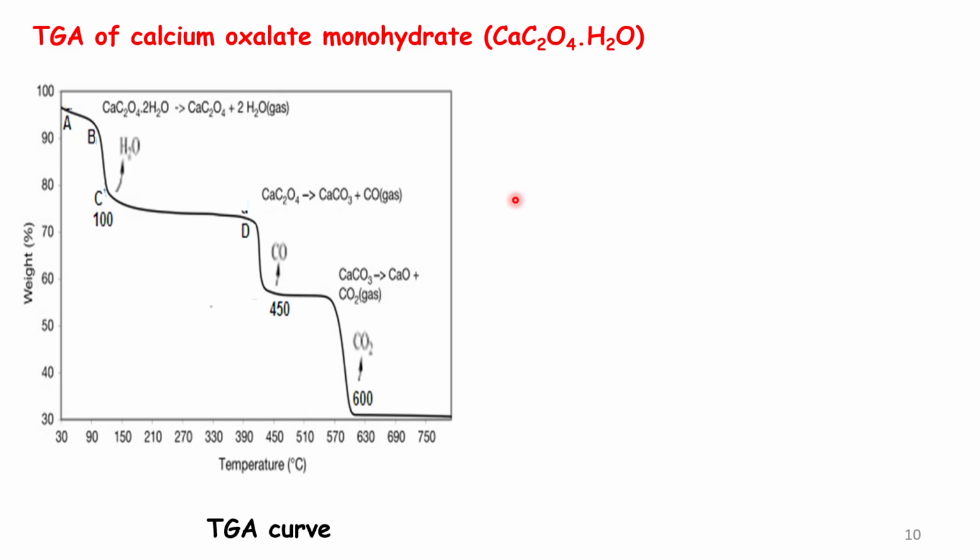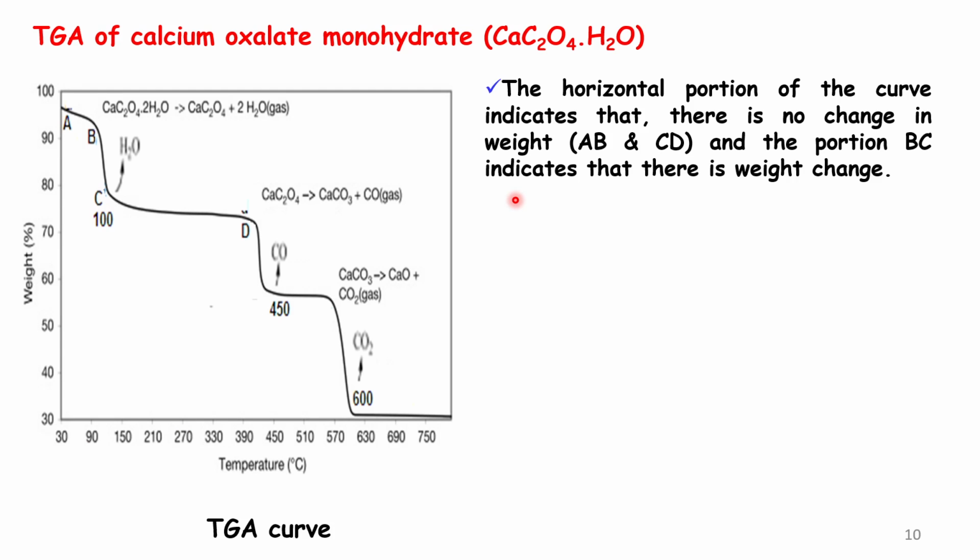This is one of the graphs of calcium oxalate which is in the monohydrate state. Now see here, in this graph, the horizontal portions of the curve indicate that there is no change in the weight, that is along the AB and along the CD. The portion BC, the vertical portion, indicates that there is a change in the weight of the substance.